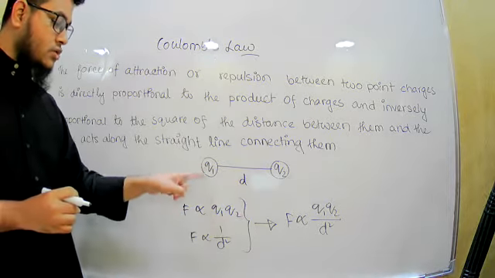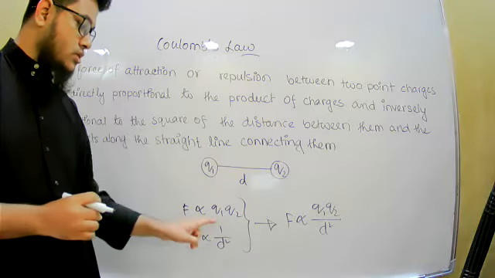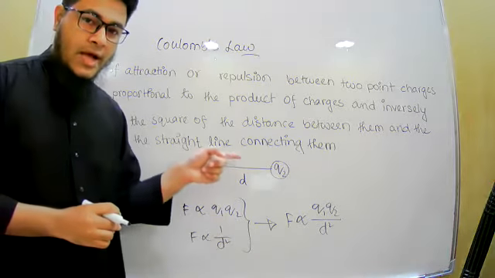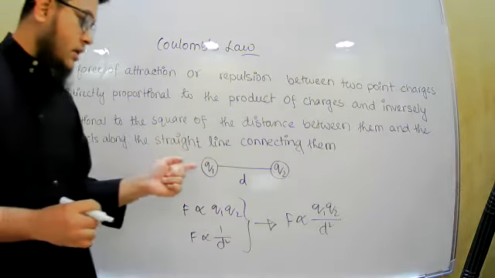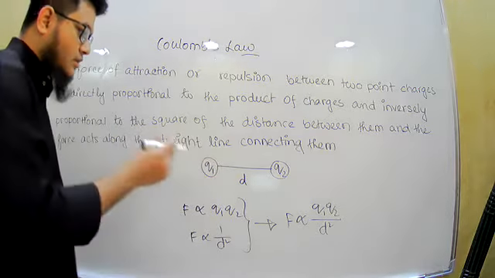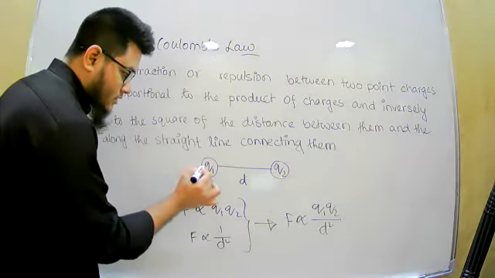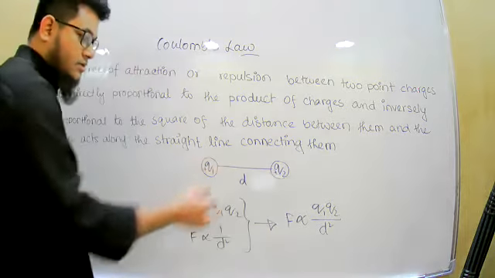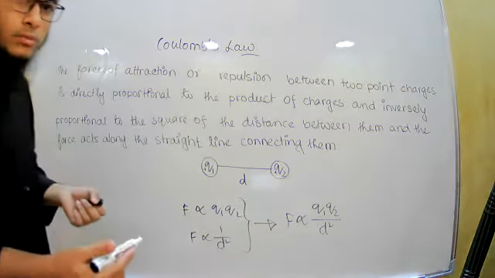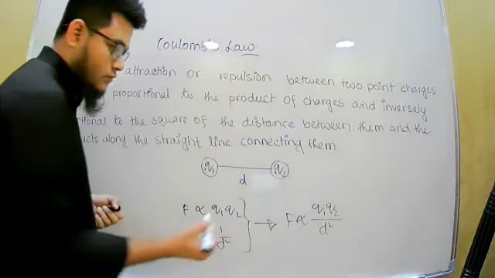This one has Q1 charge, this one has Q2 charge. So Q1 and Q2. I did not show any direction of force. Why? Because it will depend on the nature of charge. Like if this is plus Q1 and this is plus Q2, then the force will be repulsion force, right?